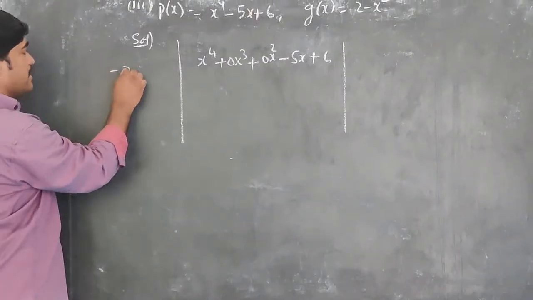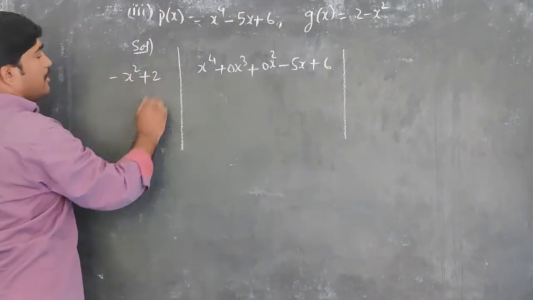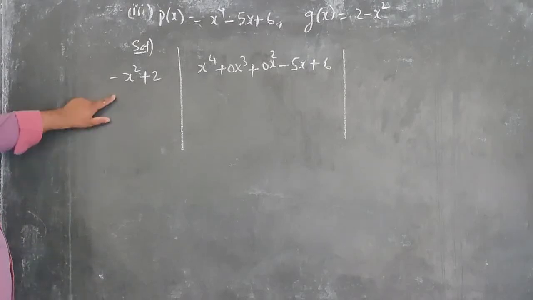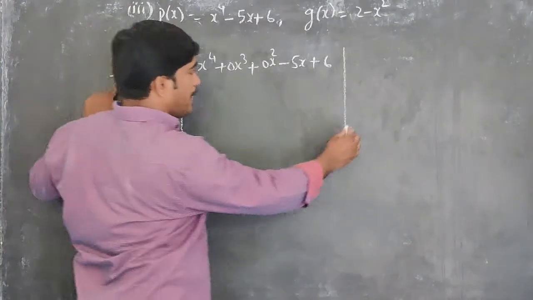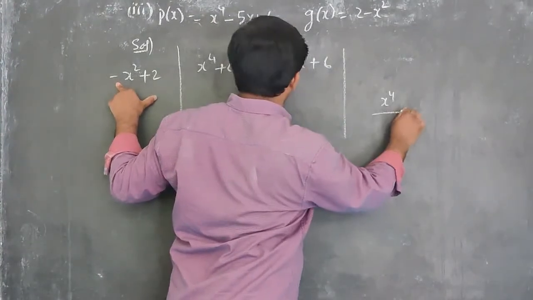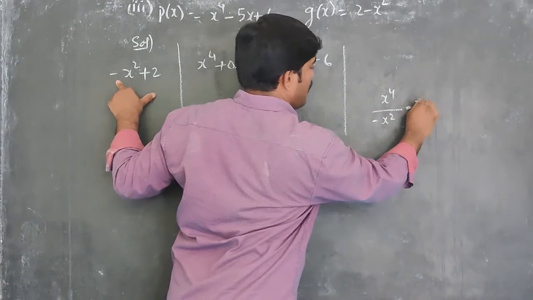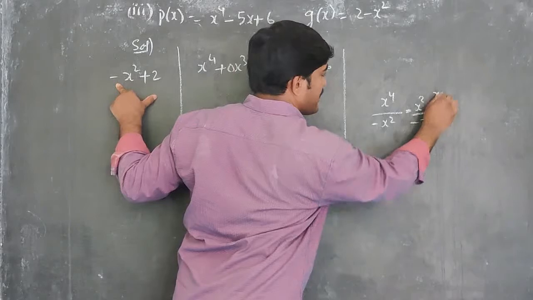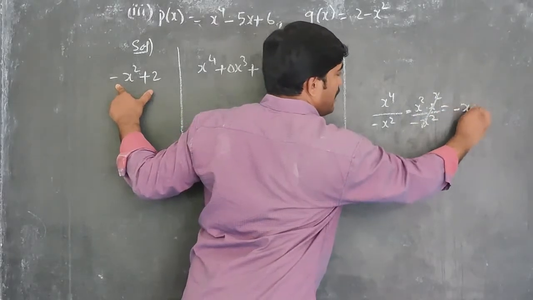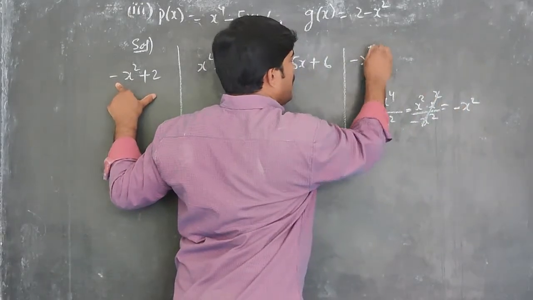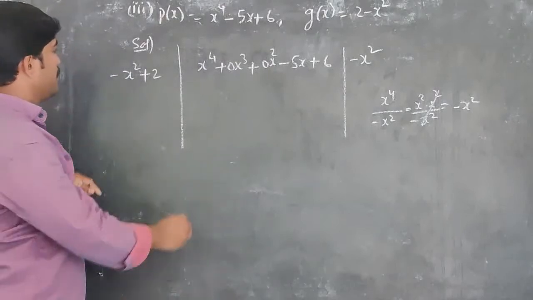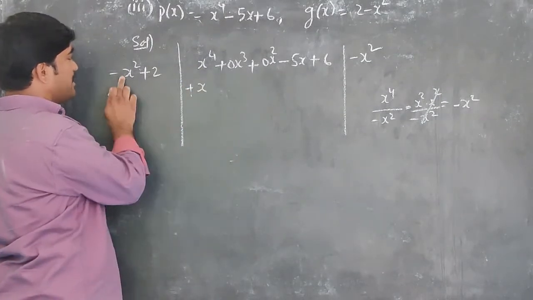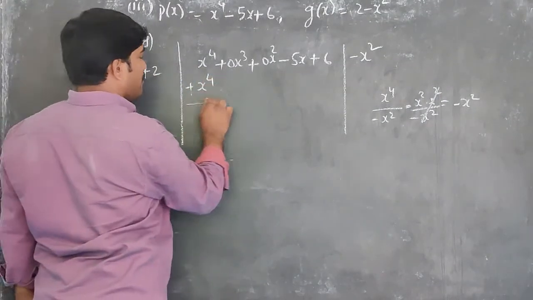Now, the divisor is minus x square plus 2. What is the first term? x power 4 by minus x square. Now, x power 4 is x square into x square, divided by minus x square. X square gets cancelled. So what coefficient do I get? Minus x square. So I will write minus into minus, plus x into x power 4.